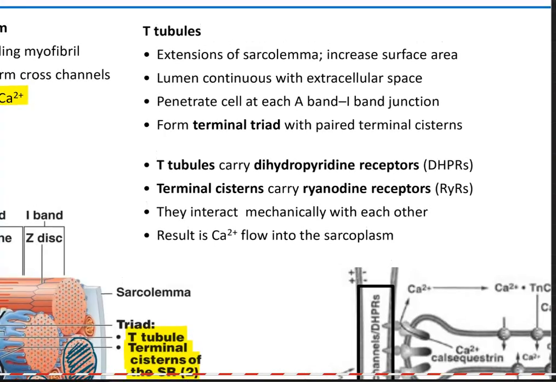So T-tubules structurally are extensions of the membrane, extensions of the sarcolemma, and they first of all increase surface area and provide the continuation of extracellular fluid into the lumen, to connect the membrane with the sarcoplasmic reticulum.